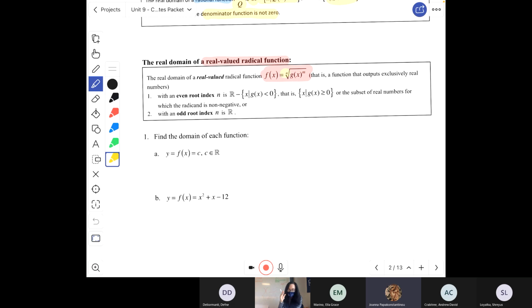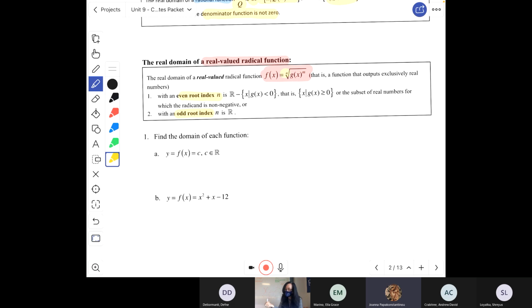Because remember, if the root index is even, what do we have to make sure we pay attention to? We have to make sure that the radicand is nonnegative, right? If the root index is odd, we can take an odd root radical. We can do that. So it's all real numbers.